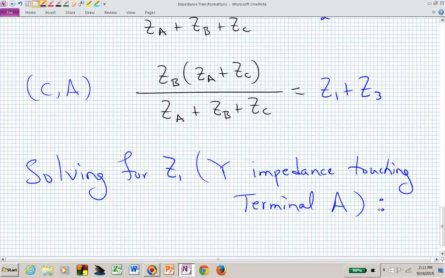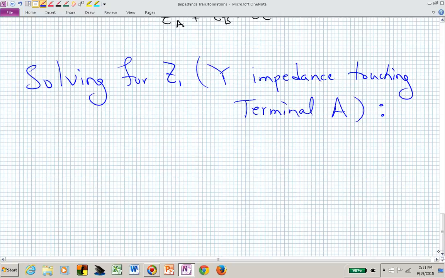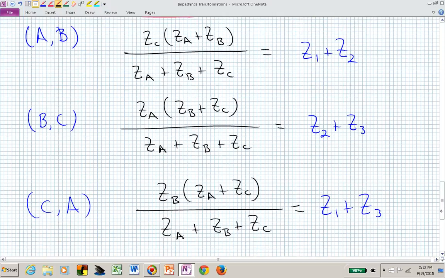And we want to now find Z sub 1, or solve for Z sub 1, in this set of three equations. In order to do that, we're going to actually combine these equations in a special way, and the special way you can sort of infer from looking at the right-hand side.